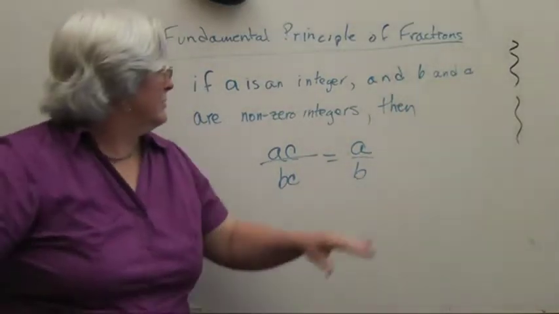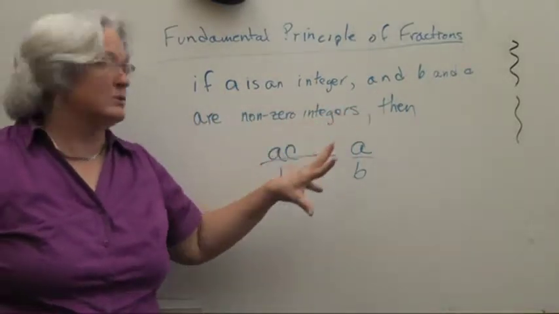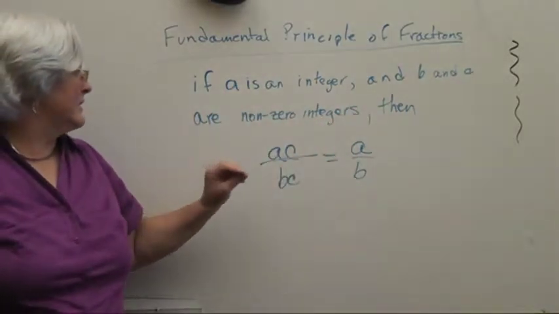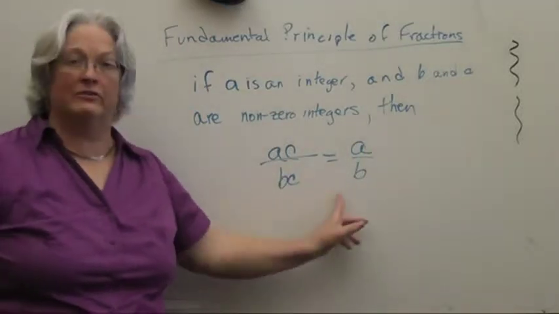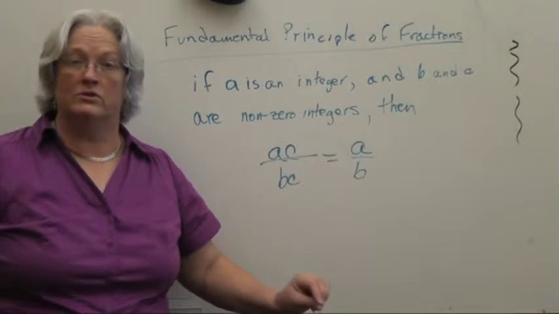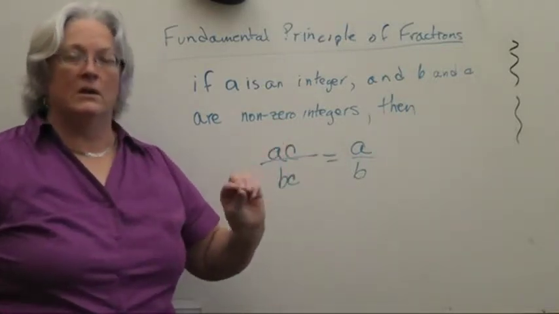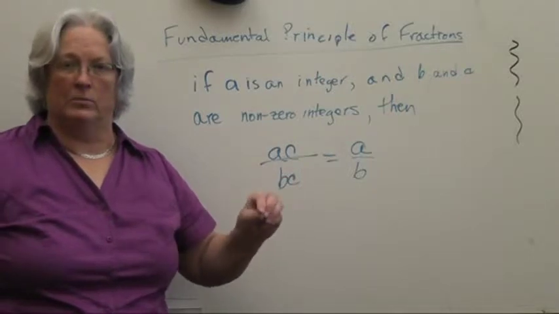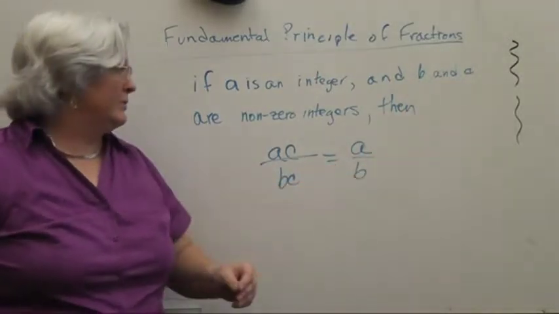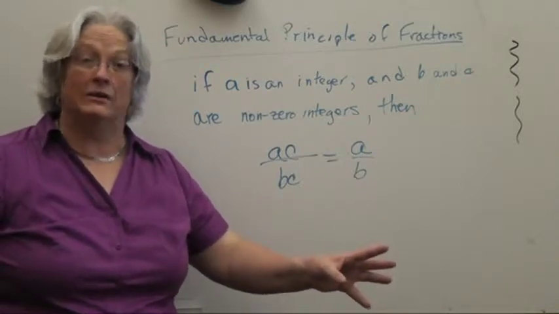So what are we doing? This says all of these have to be integers, but specifically B and C have to be non-zero integers. So what are non-zero integers? Think back to when we were classifying numbers. We said natural numbers are the counting numbers, 1, 2, 3, 4, 5. Whole numbers include 0. Integers add the negative numbers to this.